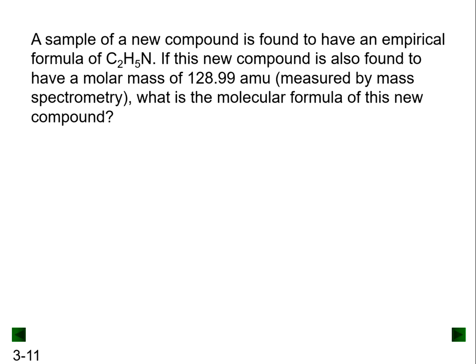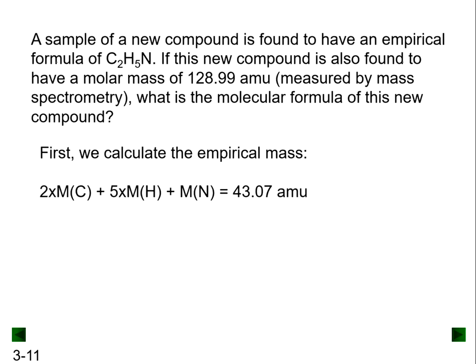Now, once we get the molecular formula, if you calculate the mass based on the numbers in the periodic table, you'll see it won't come out to be exactly 128.99, but that value is experimentally determined. This 128.99 is an experimentally determined number, so there will be a difference there. So first we have to calculate the empirical mass.